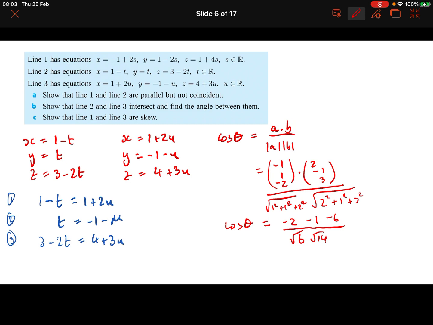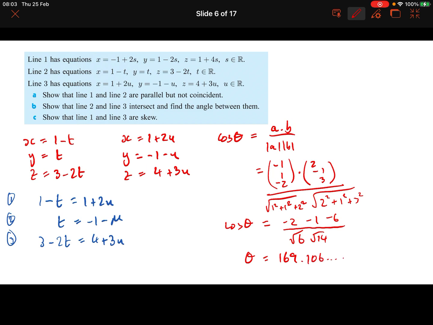The question doesn't say, but we'll assume degrees. So I'm just going to change my calculator setting to degrees. The numerator is -9 divided by root 6 times root 14. And then shift cosine of that answer.